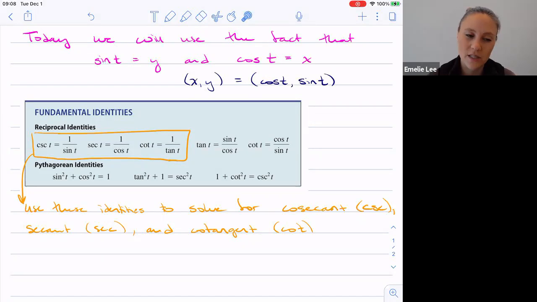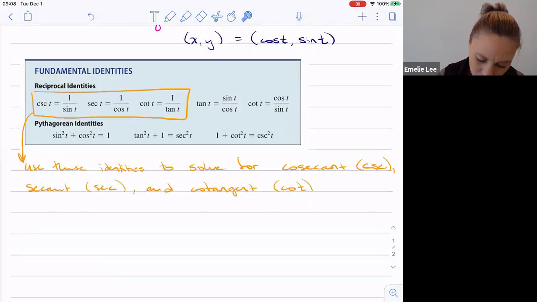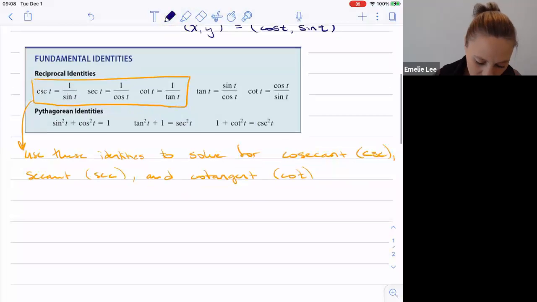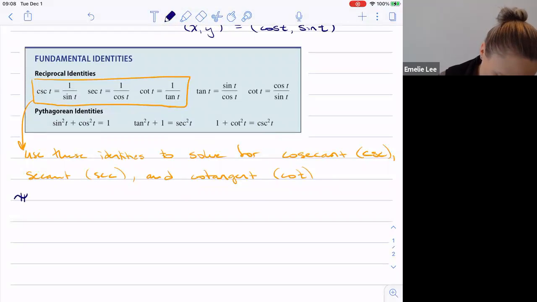And it totally depends on the situation. I know that's not helpful, but we looked at an example last day where we had to re-express something in terms of cosine. I don't have the notes, so just flip back through your notes. I think it involved some sort of tangent, and we had to rewrite it in terms of cosine. Anyways, that's where we got to last day. Maybe I'll make a note here.